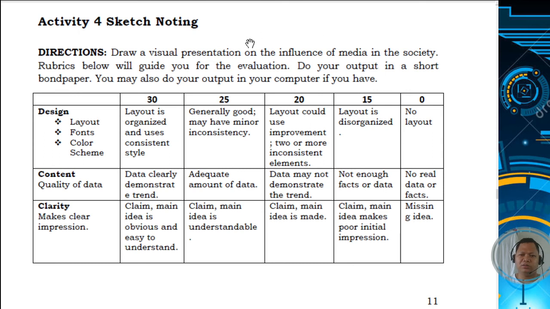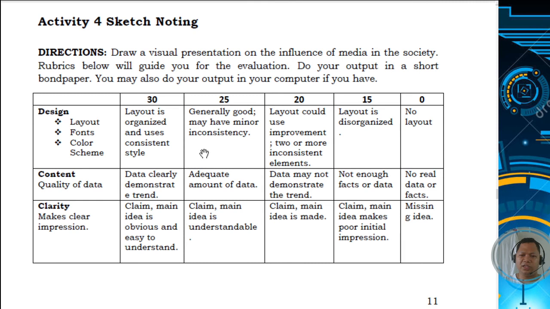This is the criteria: design, content, and clarity. This is for 60 points, so take note, it's very big, 60 points. For design, it must have layouts, fonts, and color scheme. You receive 30 points if the layout is organized and uses a consistent style.